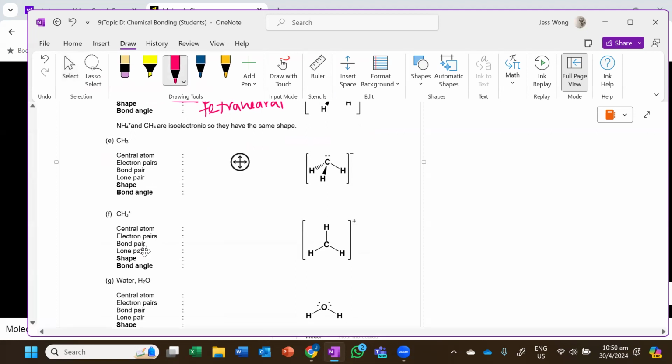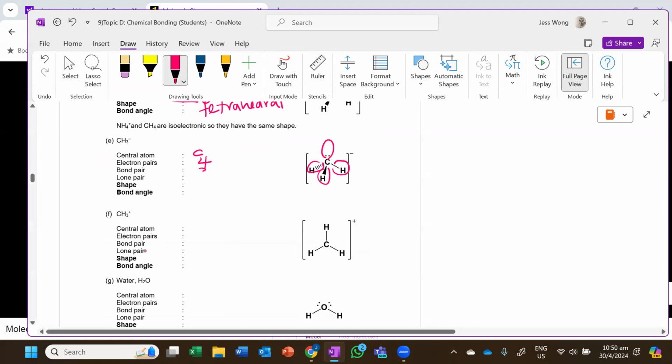If we look at this structure here, the central atom is C. There are 4 electron pairs, 1, 2, 3, 4, and out of this, there are 3 bond pairs and 1 lone pair. The electron geometry is tetrahedral, but the shape is not.